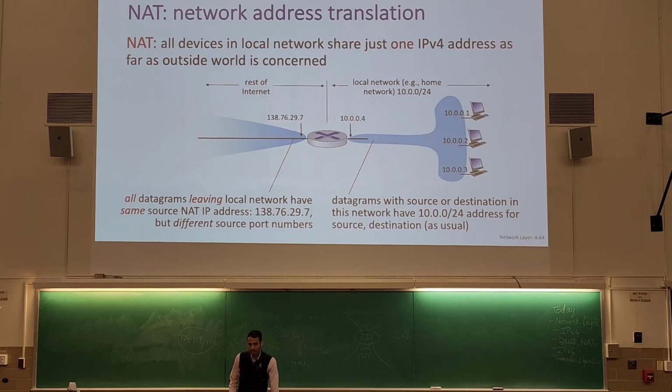So any datagram that is sent by any host inside the NAT, when it steps out to the internet, will have the source address of 138, whatever the rest is. Any datagram that is coming from the internet will have a destination IP address of that same 138.76.29.7.